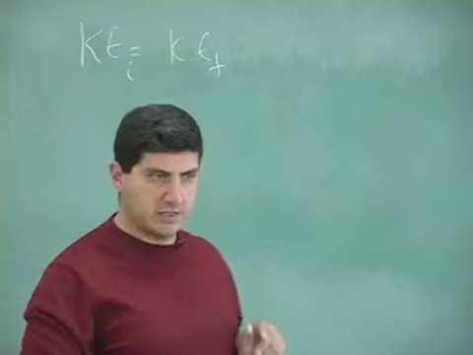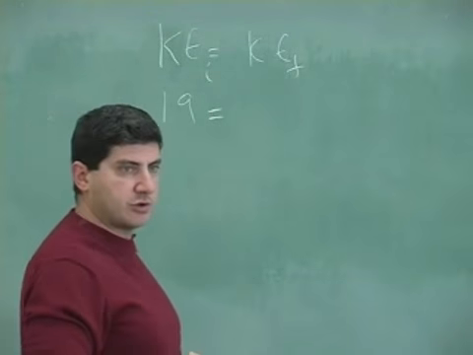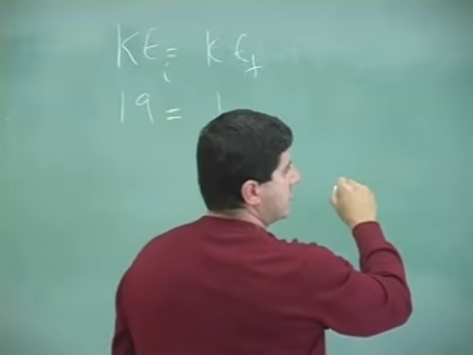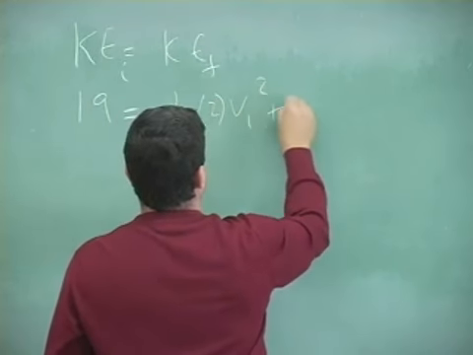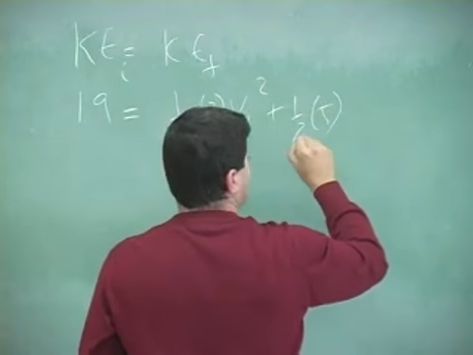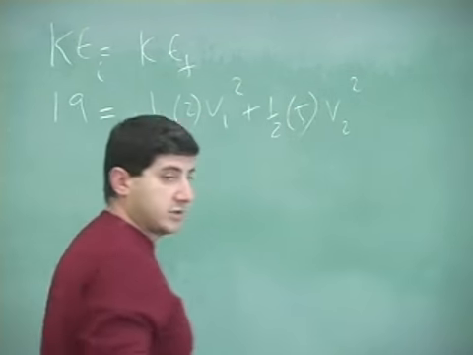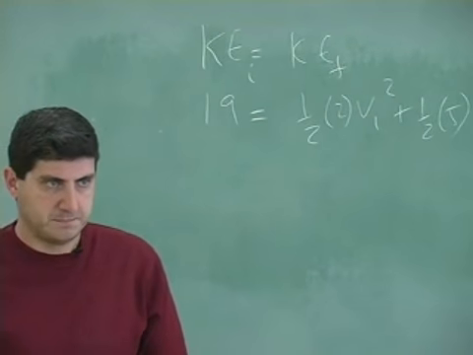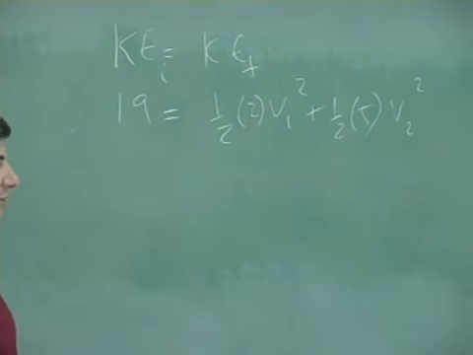We already did that in example 1. So that's 19 joules, which must equal the kinetic energy final, half times 2 times V1 squared plus half times 5 times V2 squared. And remember, the kinetic energy has no direction in it. So now that's it. Here's 3 equations and 3 unknowns.